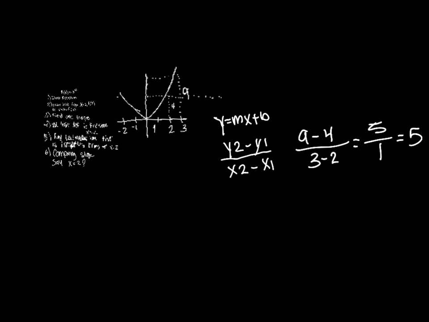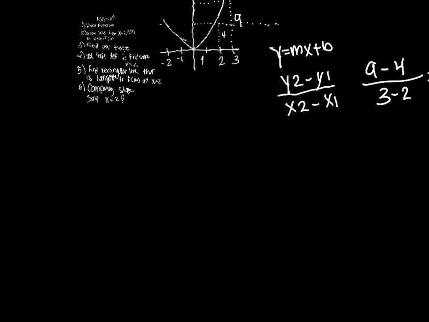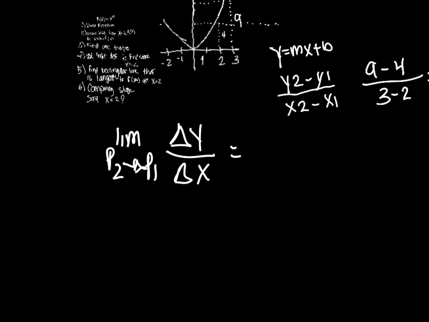Now it's asking us to use the limit definition to find the slope when x is equal to 2. So we know that the limit as P2 goes to P1 of delta y, which is the change in y, over delta x, which can also be known as the limit when delta x approaches 0.